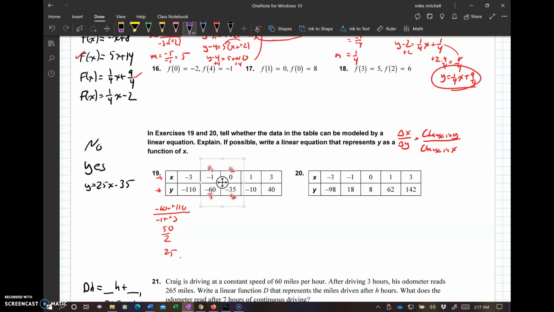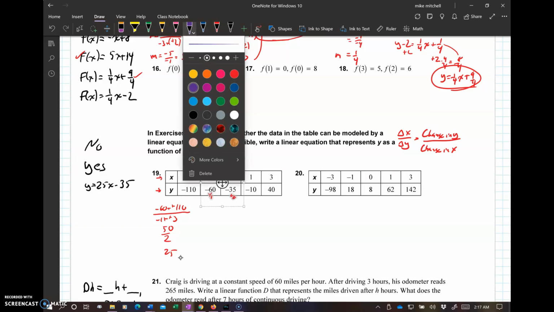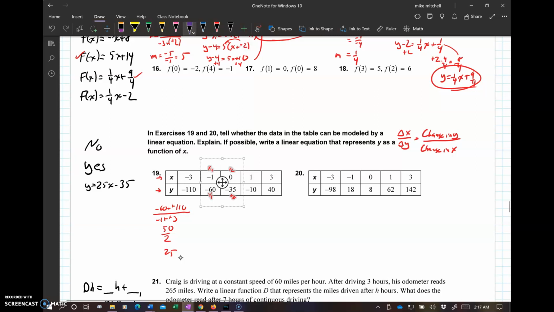Just thinking of it like that now. And check it again. So we've got -35 minus -60 over 0 minus -1, plus a positive. That's 25 over 1 or 25. Oh, that's looking good. Those match up.